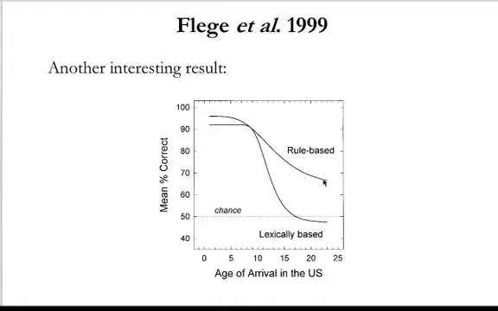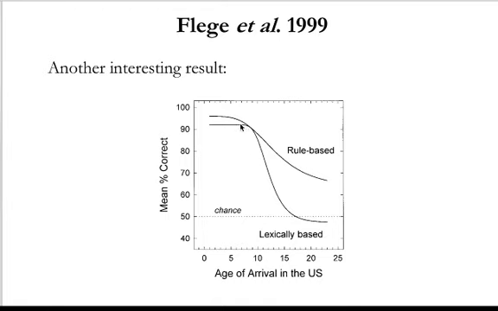Other ones that we saw, though, involved idiosyncratic lexical properties. These were things like irregular plurals. The plural of foot is not foots, it's feet, or irregular past tenses. The past tense of speak is not speaked, it's spoke. And for these kinds of lexically based problems, you can see the decline here is much steeper.